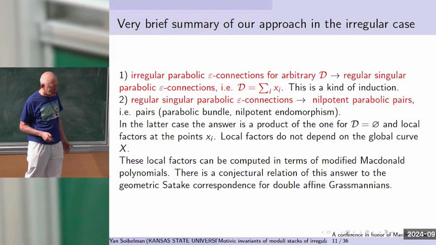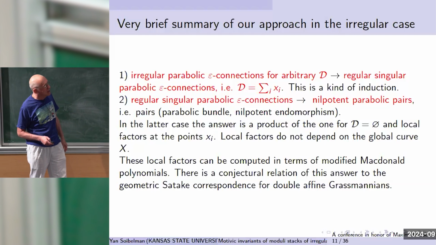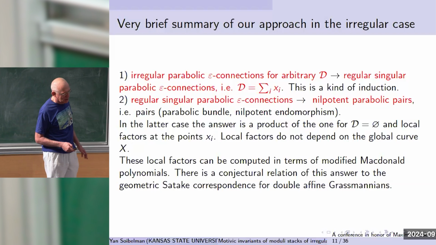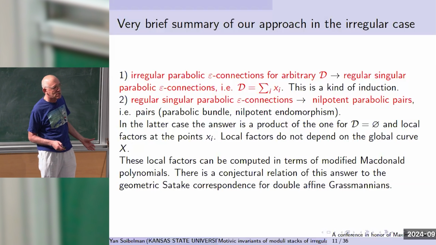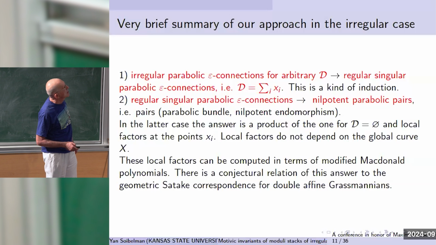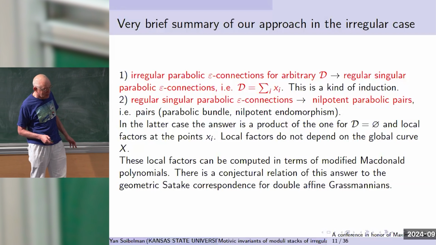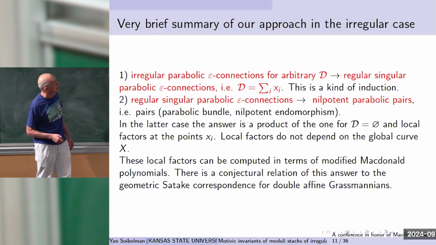So this computation we reduce to the case of nilpotent parabolic pairs, which means it's sort of a reduction to the nilpotent cone, if you'd like. A nilpotent parabolic pair is a pair of a vector bundle and a nilpotent endomorphism.